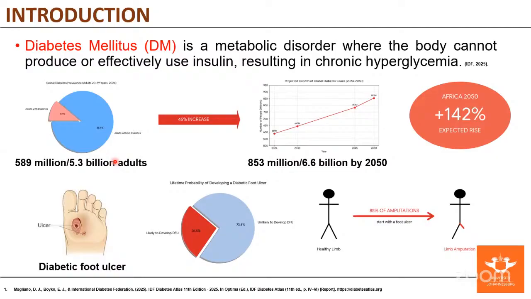Even more alarming, there is a statistical link between diabetic foot ulcers and limb amputation, especially in diabetic people. 85% of those amputations are preceded by foot ulcers.